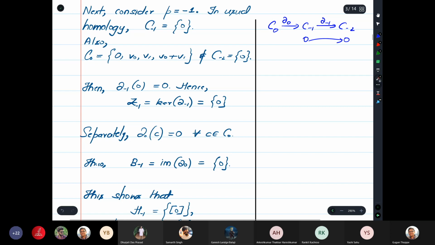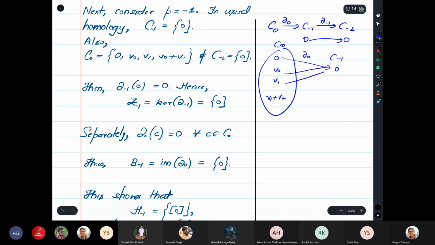let's look at this ∂0 operator. Okay, so C0 is made up of 0, V0, V1, V1 plus V2. This is what C0 is made up of. And C-1 is made up of only 0. And ∂0 maps every element in C0 to 0. That is how the ∂0 operator is defined, that it maps every 0-chain to 0.